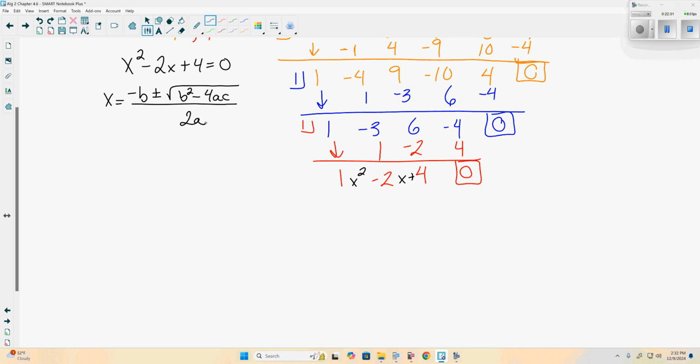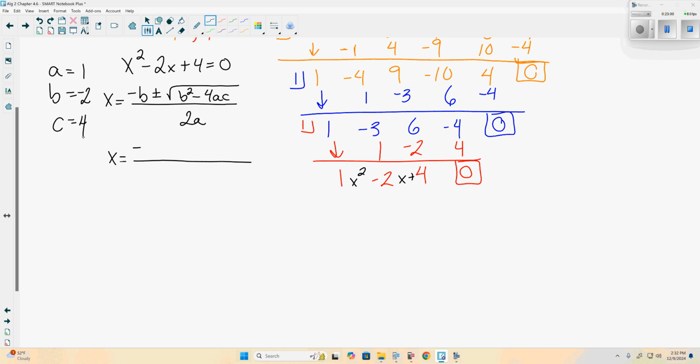Now, factoring is also out because if it does not cross the x-axis, it's not going to factor. Well, it does, but we'd have to know the factors to be able to factor it. Now for us here, a, b, c. A is the number in front of x squared, which would be 1. B is the number in front of x, which would be negative 2.